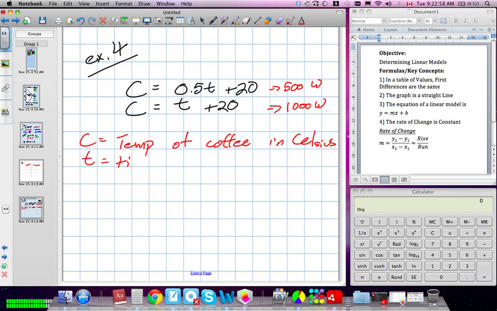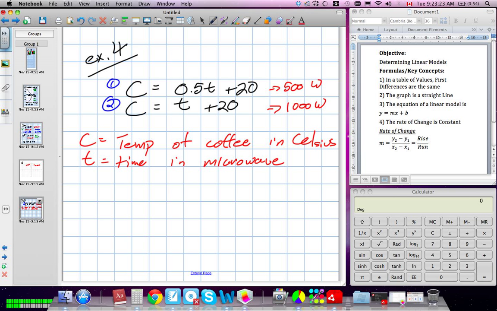Okay. Now, what I want you guys to do is kind of put all these things together and then make sense of what these equations are trying to tell us. So first off, we'll call the 500 watt microwave equation 1 and the 1000 watt microwave equation 2. What is our slope and what is our y-intercept?